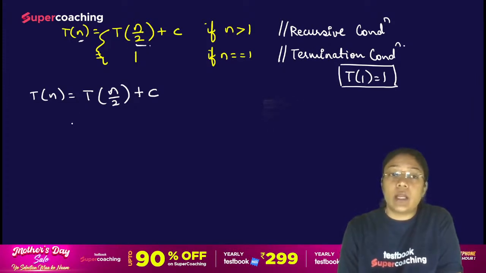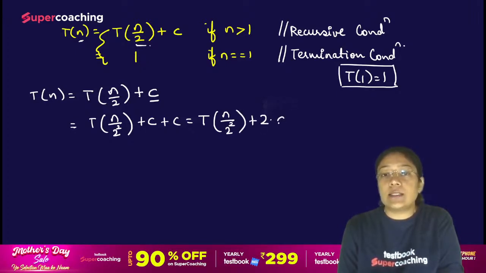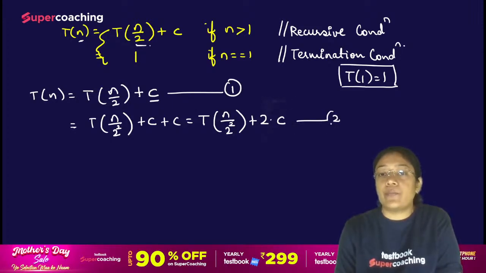Now we are substituting n by 2. So it comes out to be T of n by 2 square plus C, and one constant is already coming. So simply we can write this as T of n by 2 square plus 2C. This is first step, this is second step.